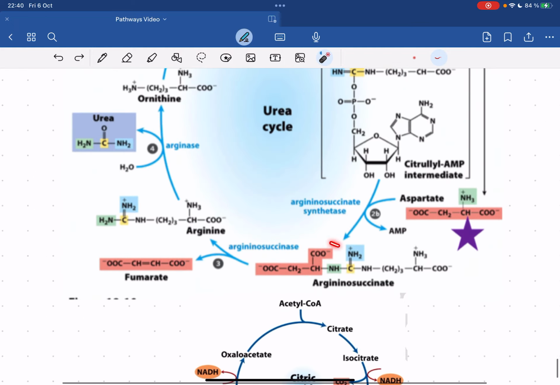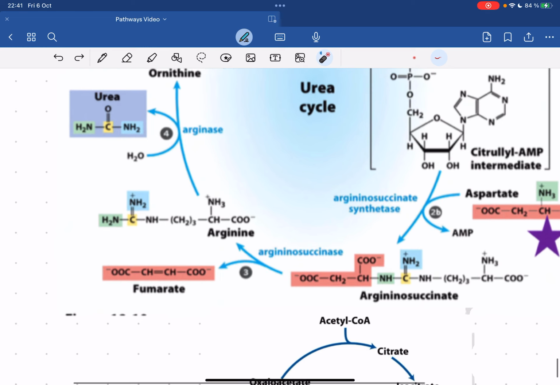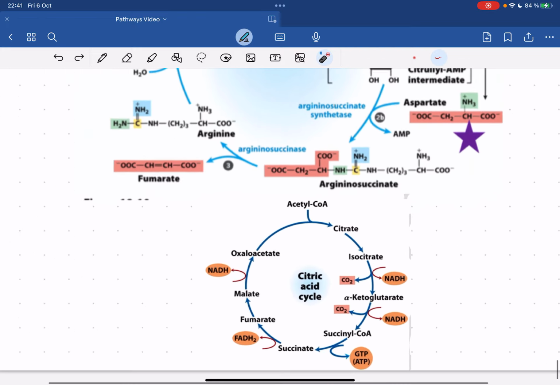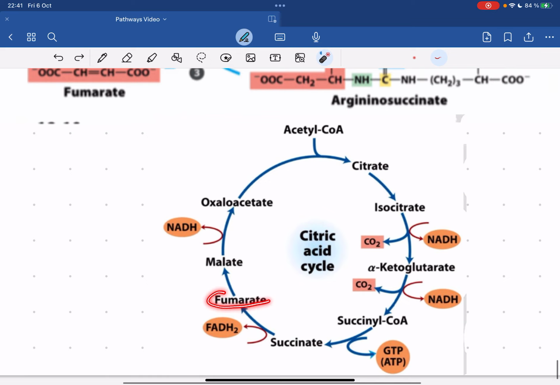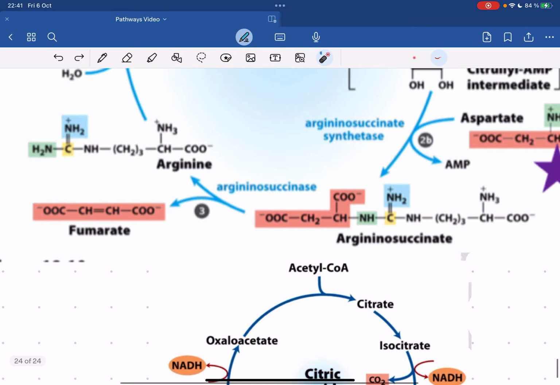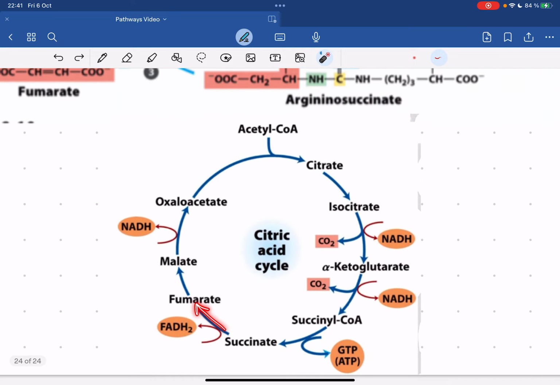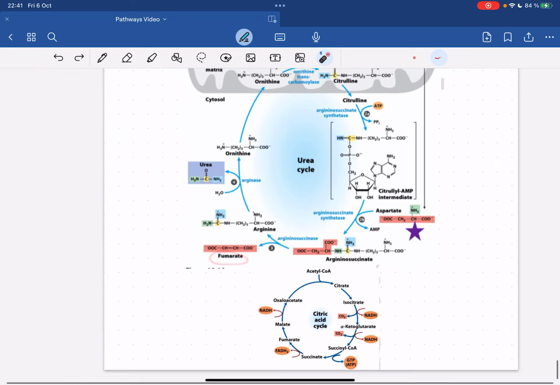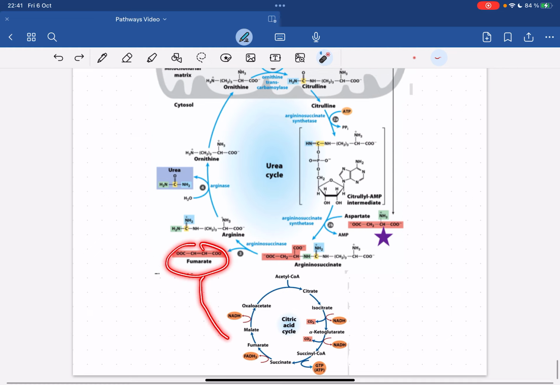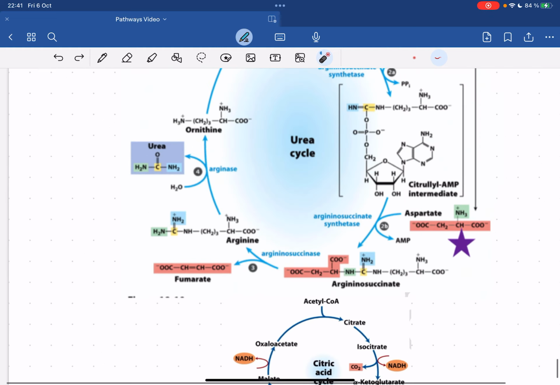Now the argininosuccinate is cleaved by this argininosuccinase right here, and in addition to that, we're also releasing fumarate. And where do we recognize fumarate? Again, from the citric acid cycle. So after the succinate, just like we have right here, argininosuccinate, we release fumarate, which we do right here. Now this fumarate can be later used inside of the citric acid cycle.